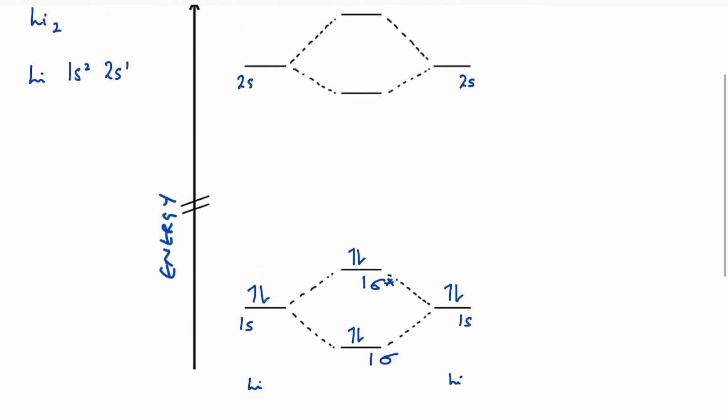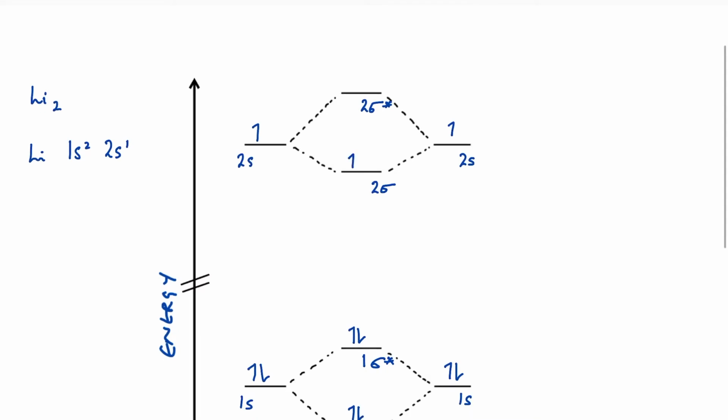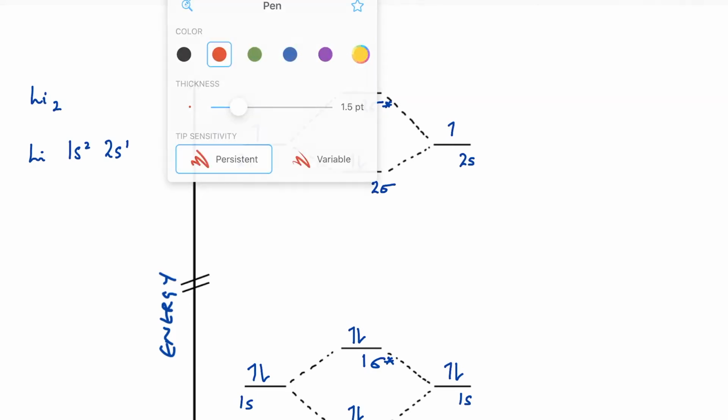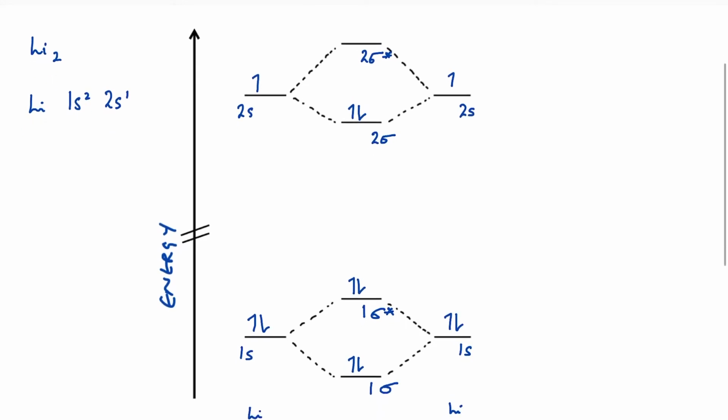If we have a look at 2s, we've got 1 electron in each. My 2s atomic orbitals are also going to interact to form a 2 sigma bonding orbital and a 2 sigma antibonding orbital. Got 2 electrons, they're both going to go into the 2 sigma bonding orbital. A couple of things I want to pull out of this particular molecular orbital energy level diagram.